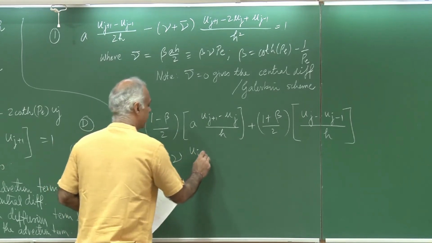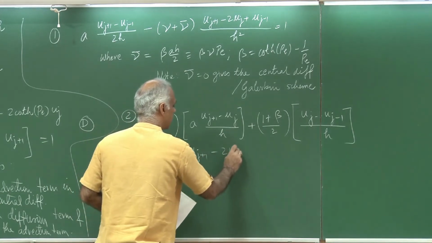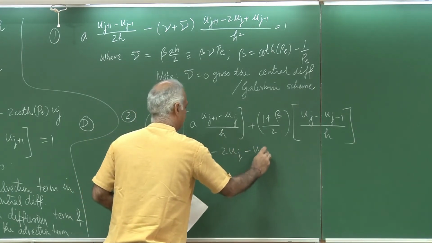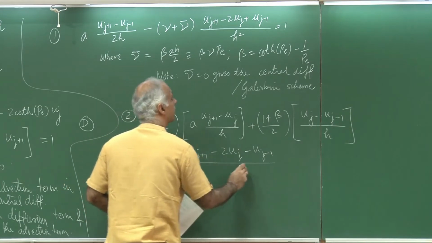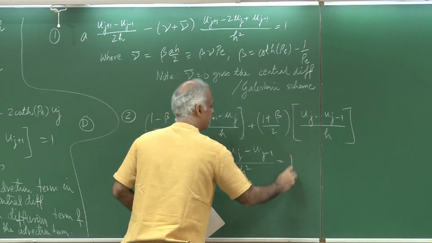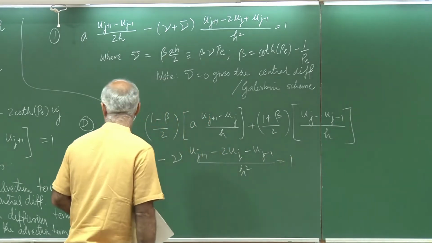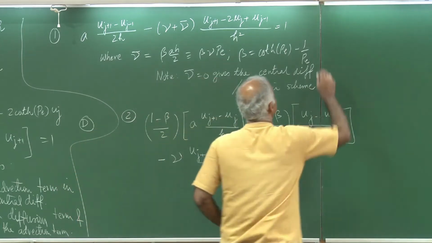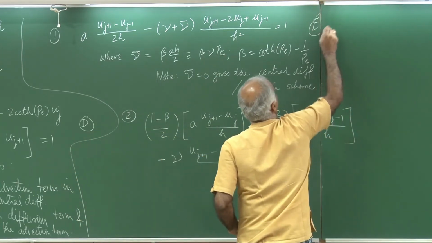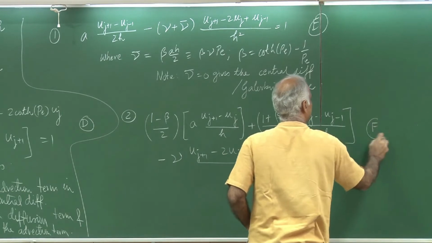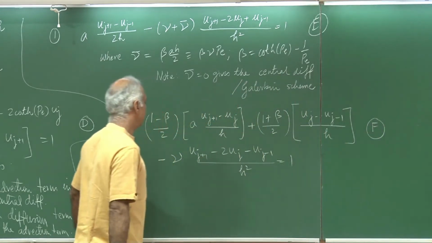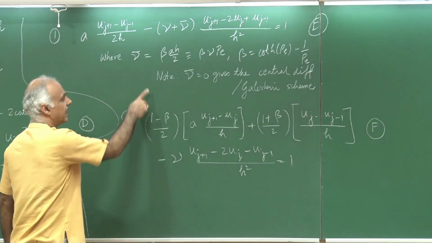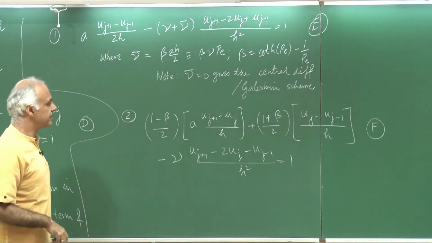So, this stays uj plus 1 minus twice uj plus uj minus 1 by h square equal to 1. So, let me call this E, and let me call this F. Beta is exactly the same as defined earlier.